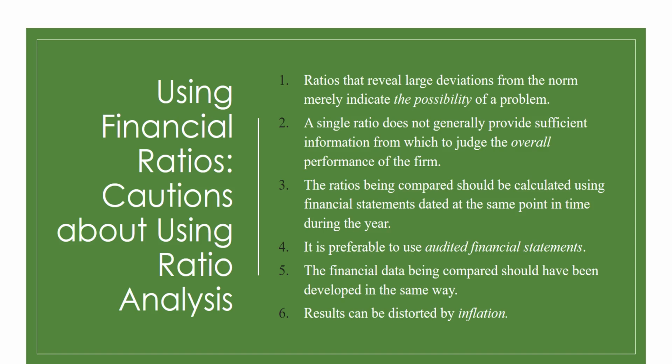Ratios being compared should be calculated using financial statements from the same point in time. It doesn't really help us if we're looking at toy manufacturers and comparing one company's July ratios to another company's December. There's going to be drastically different numbers.